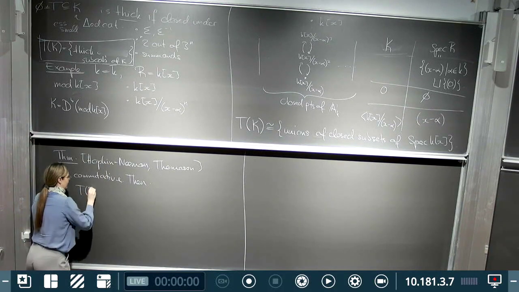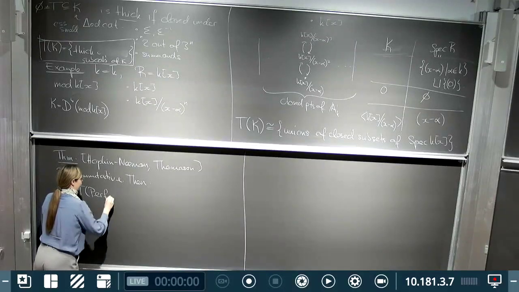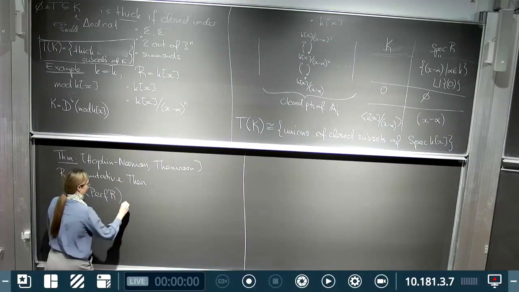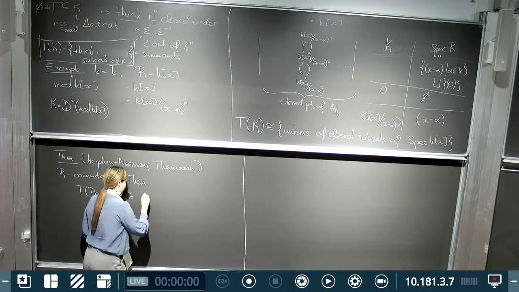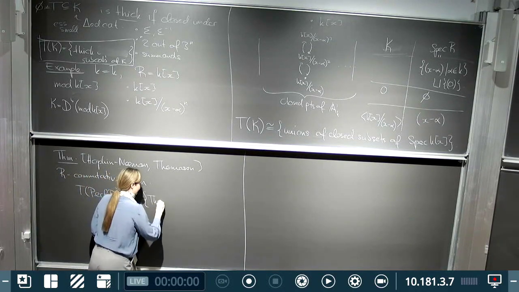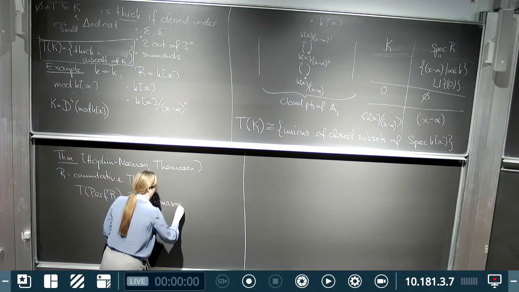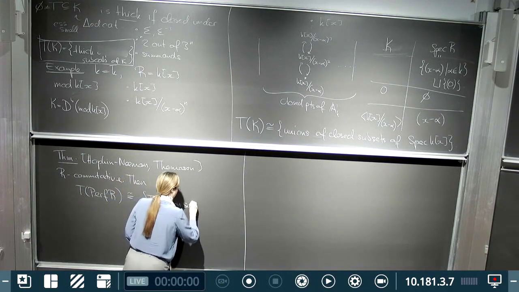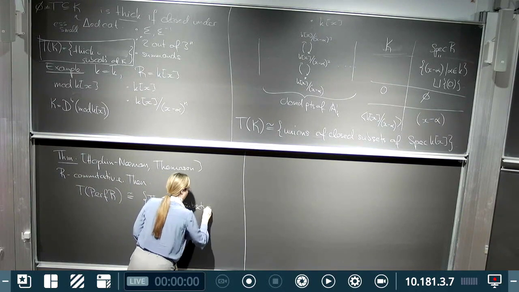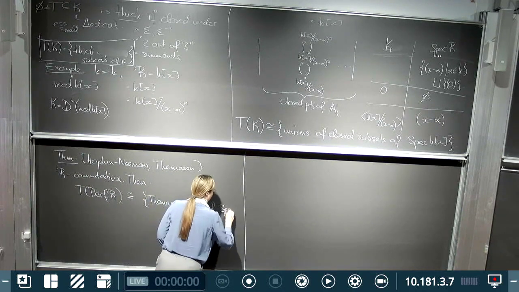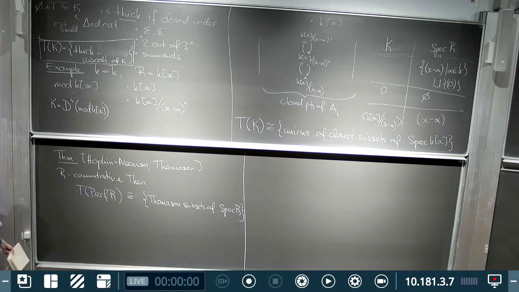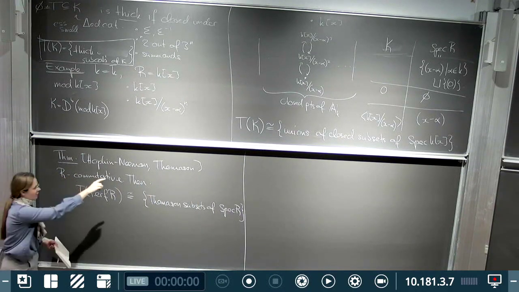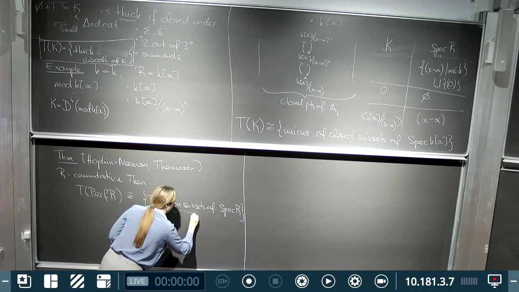T of Perf R is actually, and okay, now I say as a set, so we have to stick with that, in bijection with the Thomason subsets of Spec of R. So it's controlled by Spec of R, and what it corresponds to are these Thomason subsets. What are these? Pretty much what we had up here.